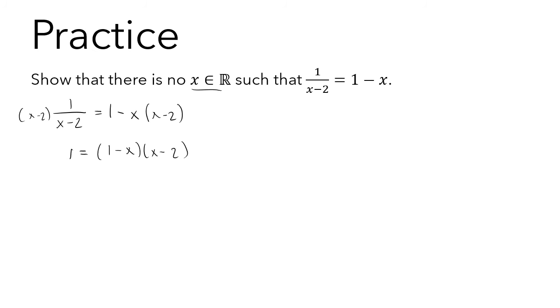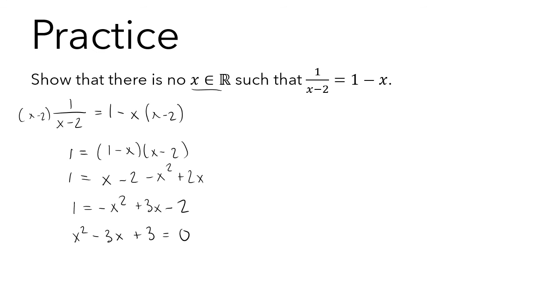So that's going to be 1 equals x minus 2 minus x squared plus 2x, which equals negative x squared plus 3x minus 2. Rearranging this a bit, you actually get x squared minus 3x plus 3 equals 0.